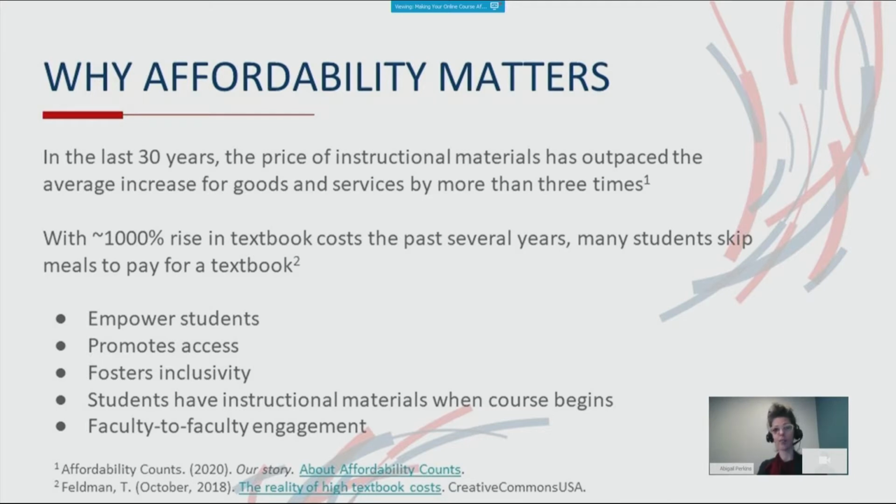That is a Bureau of Labor statistic from Creative Commons, the link to which is in the presentation, which you will receive after this presentation. So that is a fairly sobering statistic that 40% of students skip food for a textbook. We have, are, and will be doing something about that.